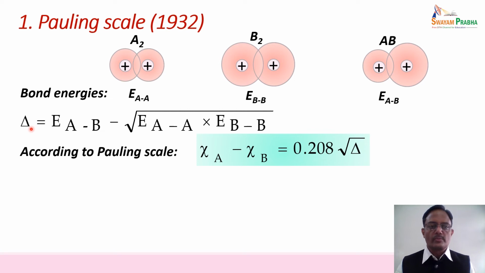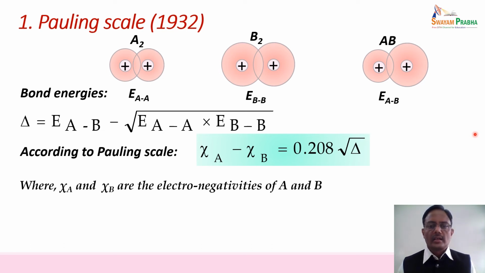The larger the difference between the geometric mean of the bond energies of the homonuclear diatomic molecules and the bond energy of the heteronuclear diatomic molecule, the larger the difference between the electronegativities. This is given by chi A minus chi B is equal to 0.208 under root of delta. This is what is called the Pauling scale of electronegativity.